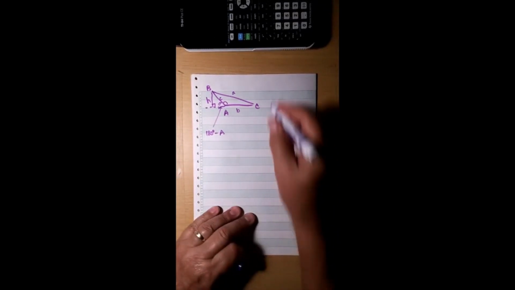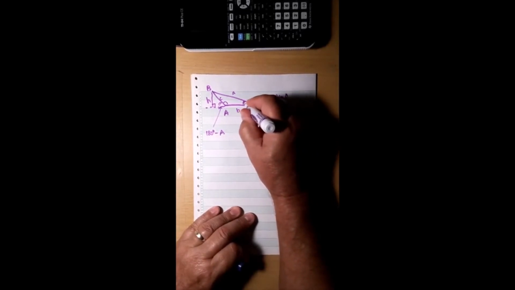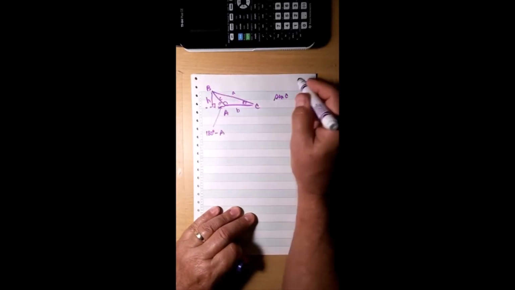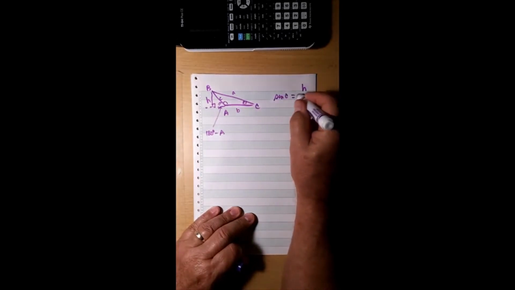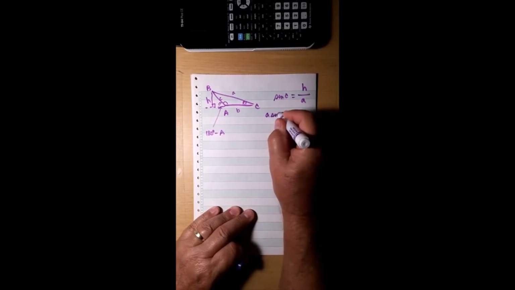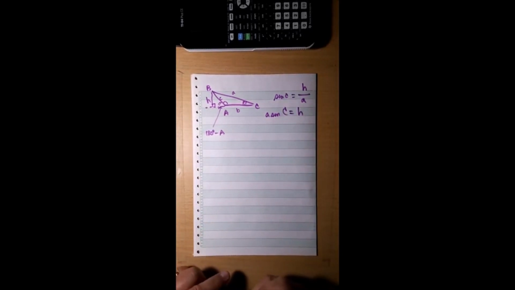So first of all, the sine of angle C is the opposite, which is h, over the hypotenuse, which is a. So once again, a sine angle C is equal to h.